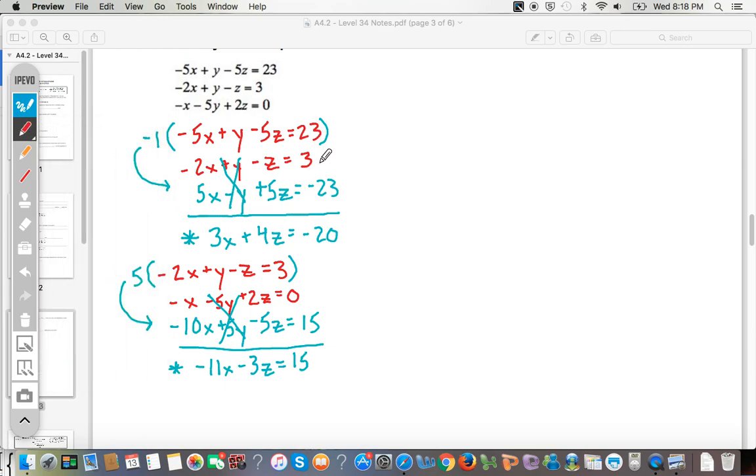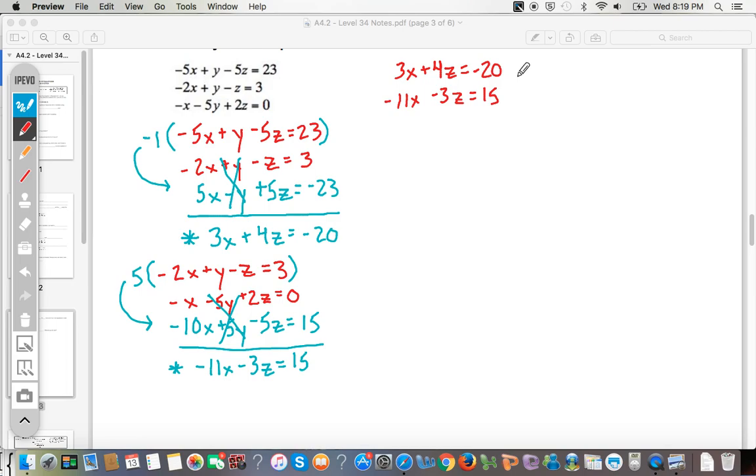So I have 3x plus 4z equals negative 20. And I have negative 11x minus 3z equals 15. So let's take a look here.